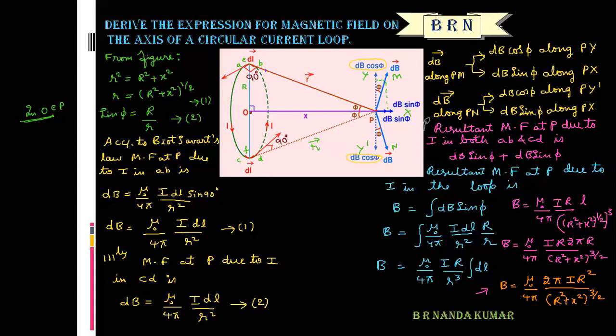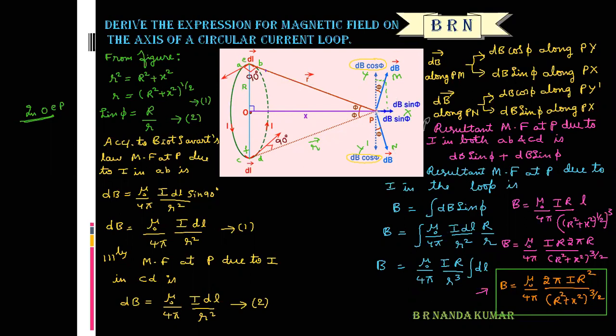Okay, so this is the mathematical expression for magnetic field at a point due to the current in the loop. So this is the magnitude of magnetic field at point P due to the current in the loop.